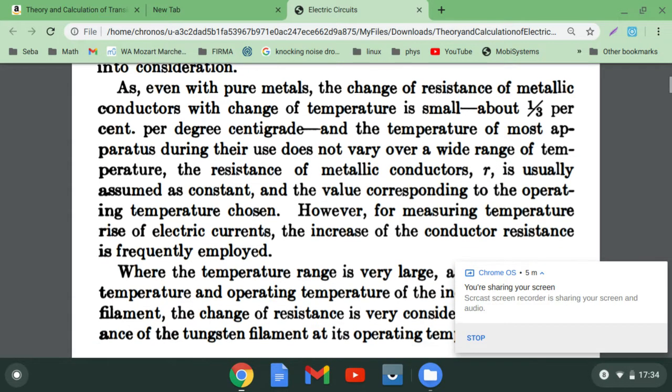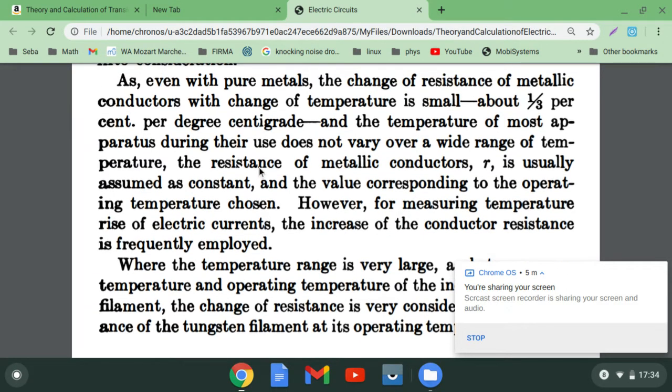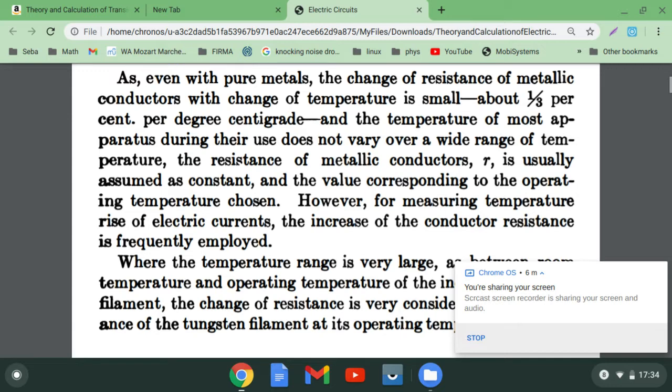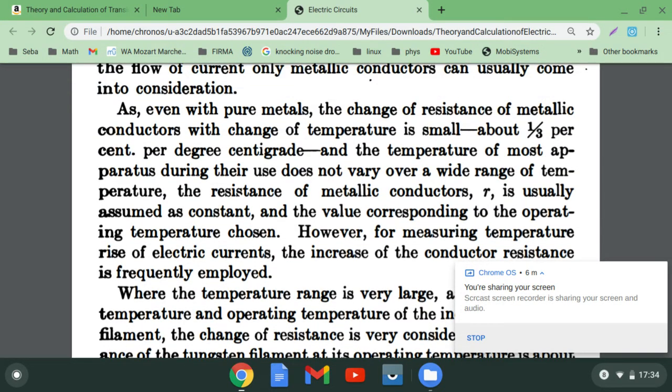Even in pure metals, the change of resistance of metallic conductors with change of temperature is small, about 1/3% per degree centigrade, and the temperature of most apparatus during their use does not vary over a wide range of temperature.